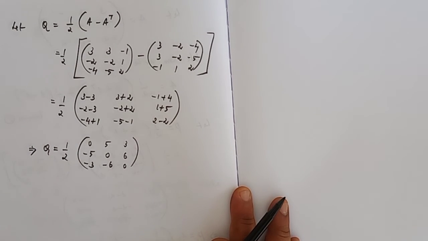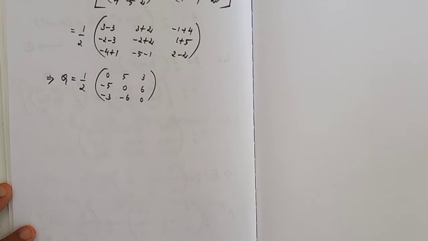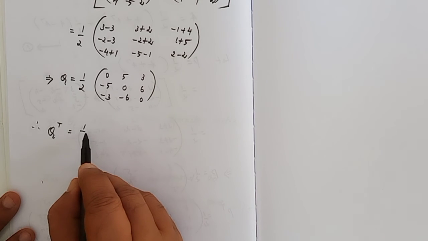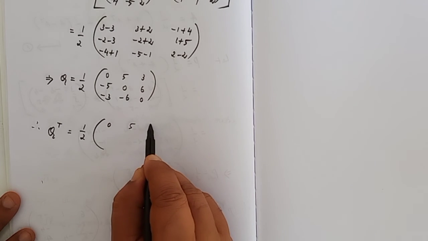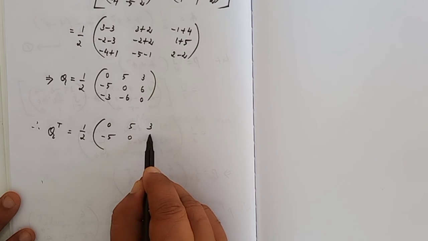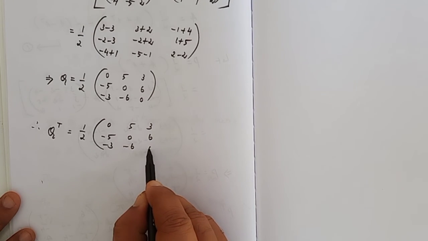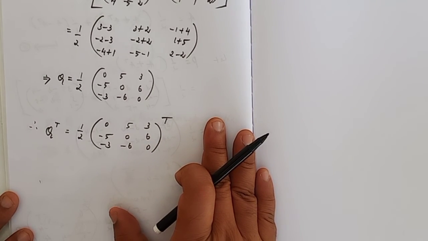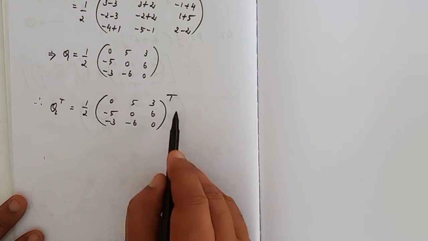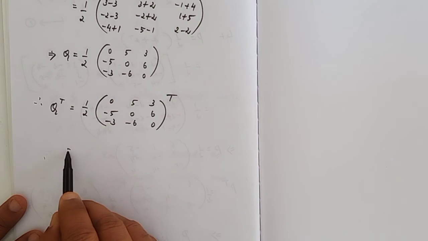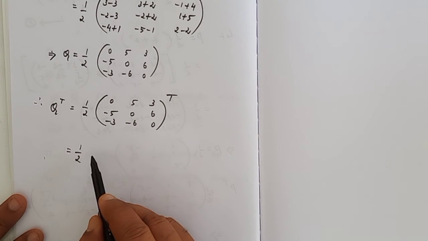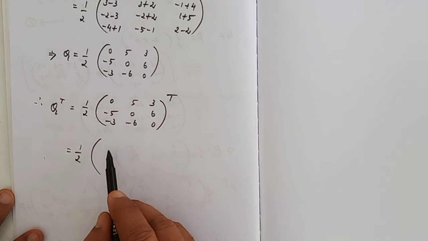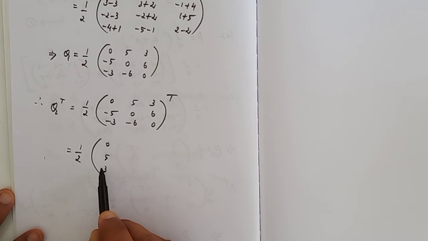Now I am going to find out Q transpose. Q transpose equals half of the Q matrix 0, 5, 3, minus 5, 0, 6, minus 3, minus 6, 0, and its transpose. Half write as it is. Then for transpose, write the first row in first column: 0, 5, 3.